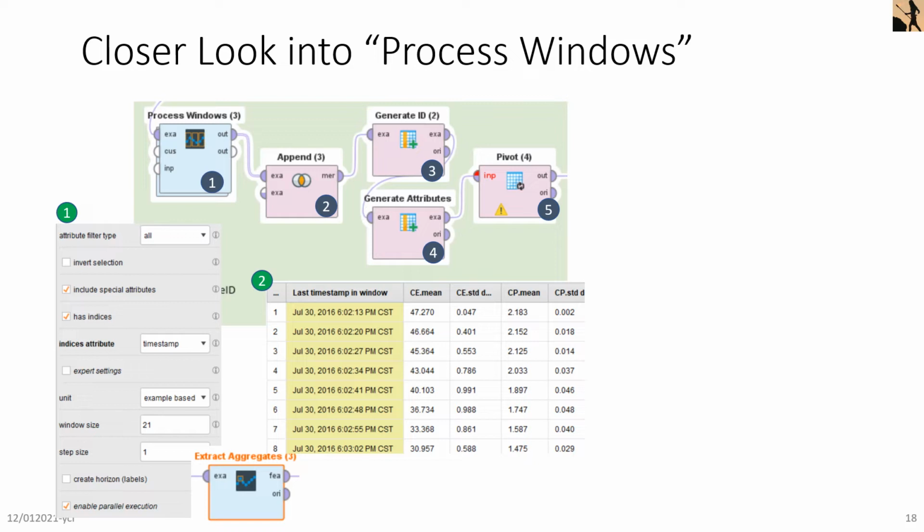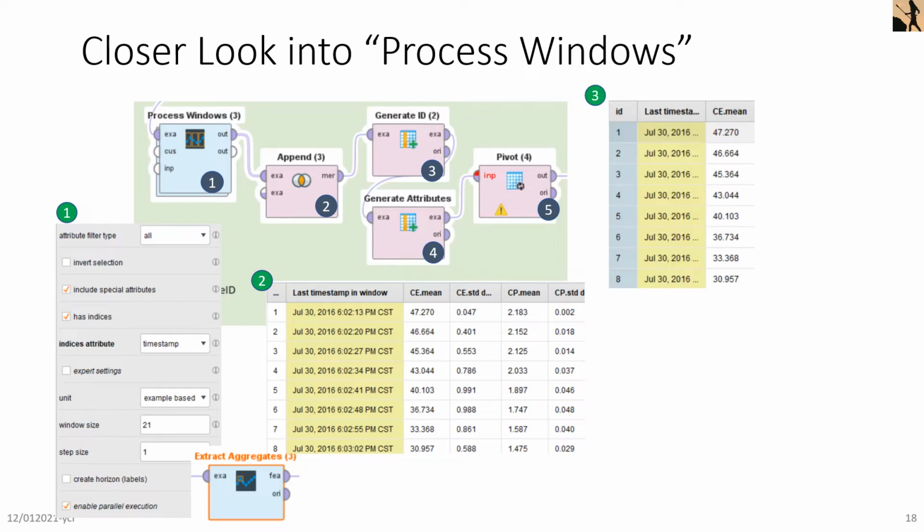Now in number 3, we generate an ID for each record. Remember, each record now stands for a sub-window. We need that because at the end we will use the pivot operator to flatten all these 8 records, and the system will generate some attributes for different columns, and this ID will be important.